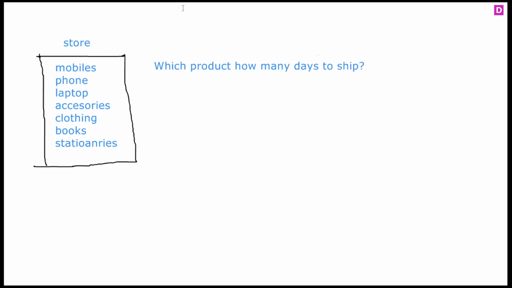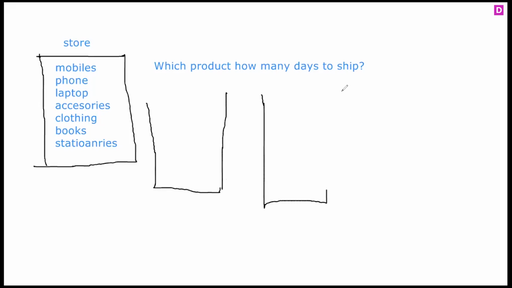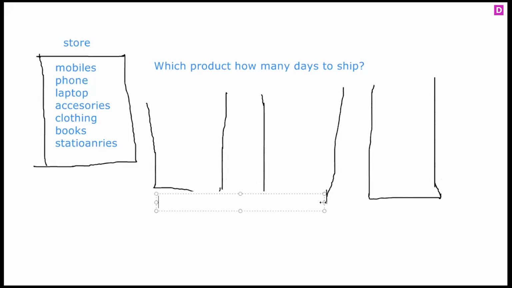How I need to segregate this means I need to segregate like this. There is a container like this, a container like this, and a container like this. This is my 1 day container, and then I have a 2 day container.